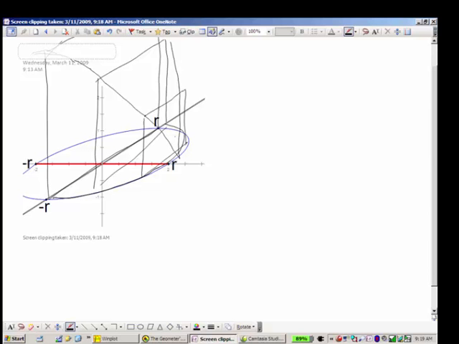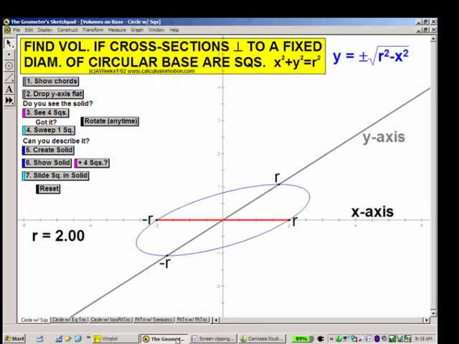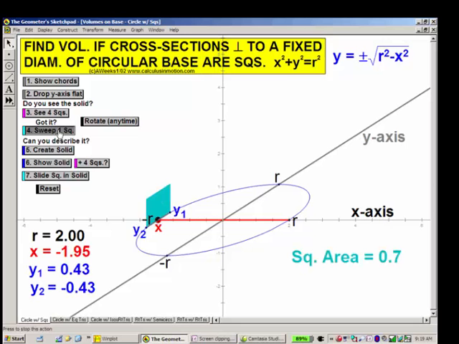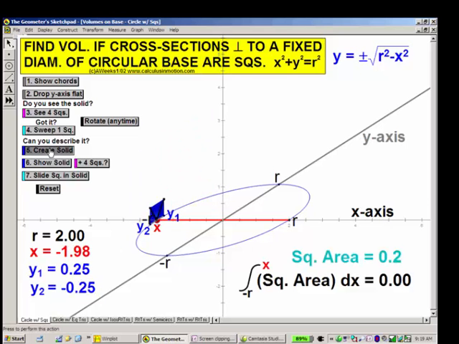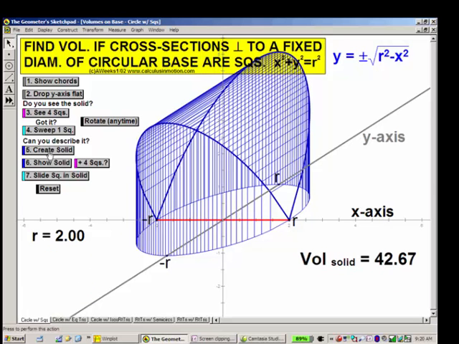Okay. Now, instead of my lame drawing, let's actually show, here's what the squares look like, right? As they go across, they get bigger and bigger and bigger. And then let's just actually show you the solid. Oh, it's going to take forever to create it. Let's just show it. Nope. There we go.